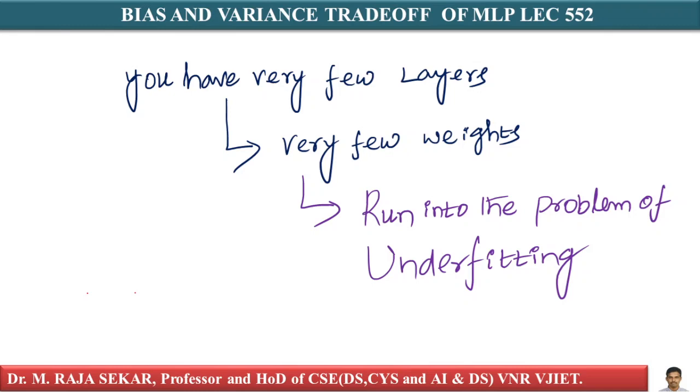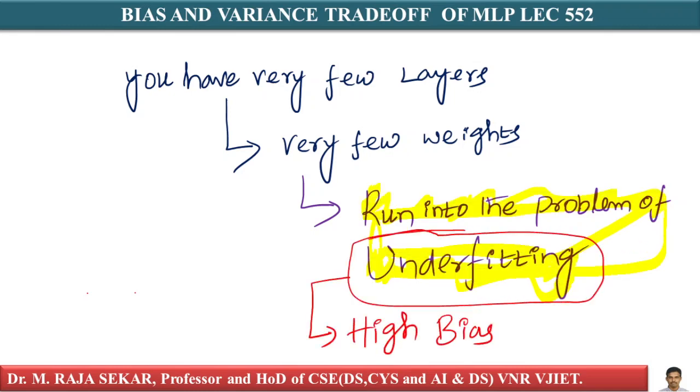Underfitting basically means high bias. So that is the bias variance trade-off with respect to neural networks. There are lots of types of neural networks, but now let's just focus on multi-layer perceptron.